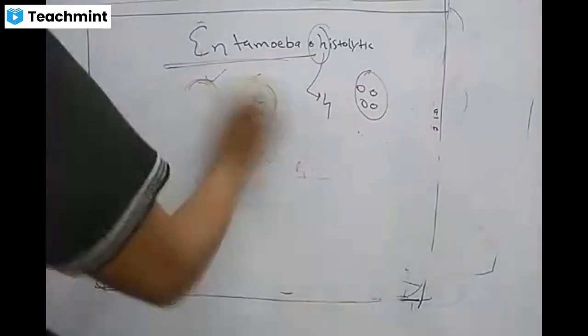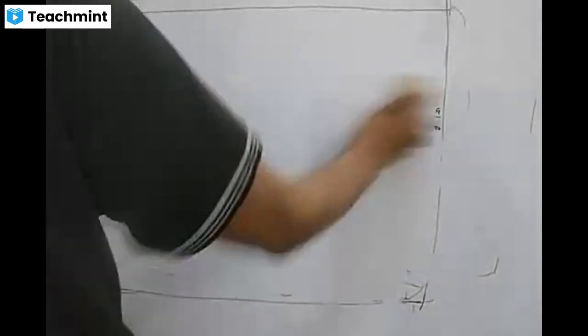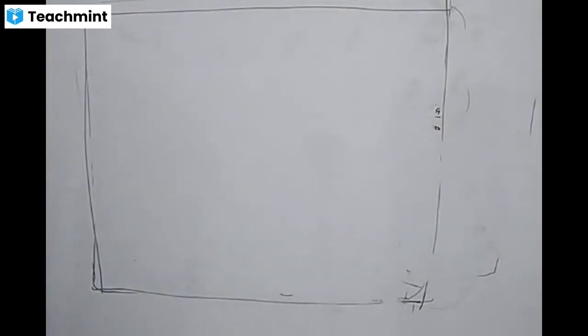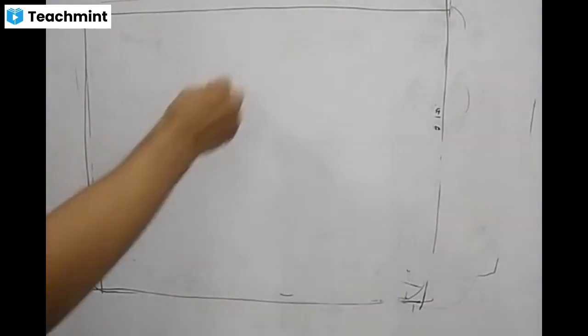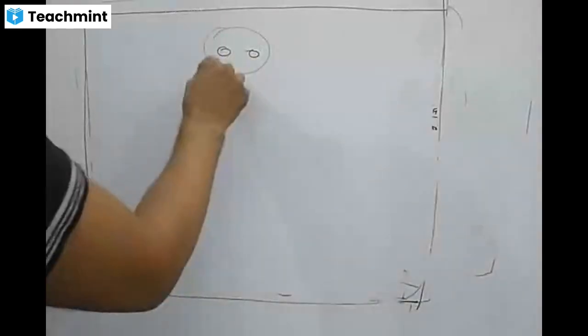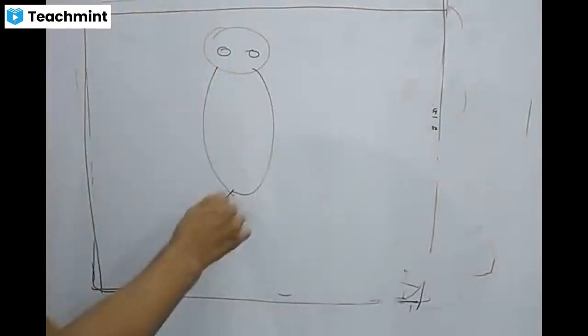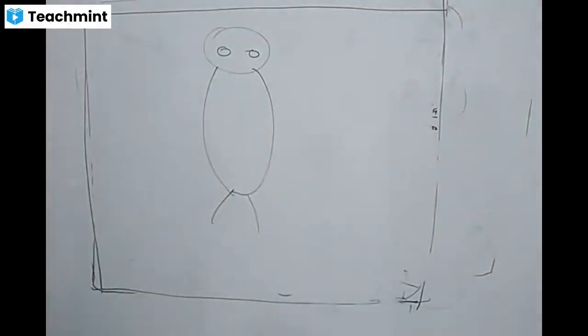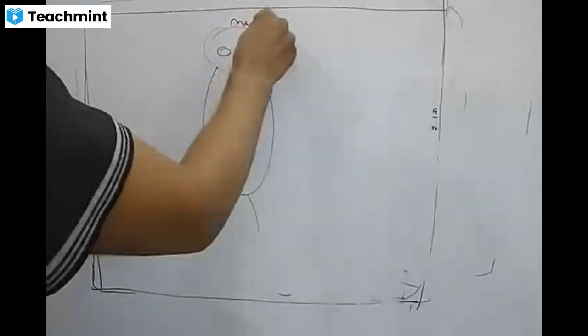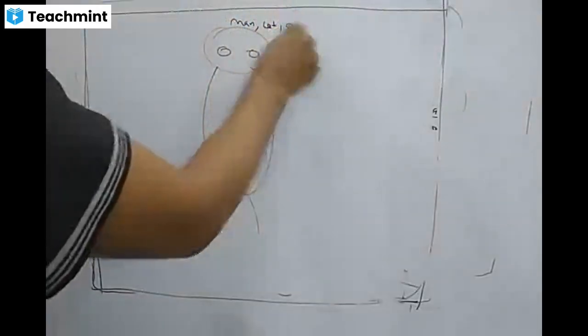So starting with Entamoeba histolytica. This is the pathogenic and the host is your human and rarely some ruminant or cattle and dog. So mostly they are the protozoa of man, cat, dog.